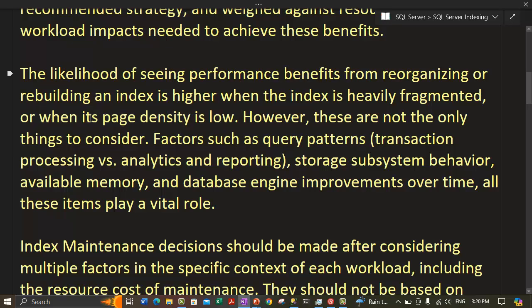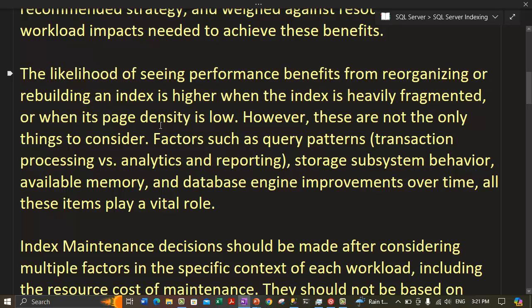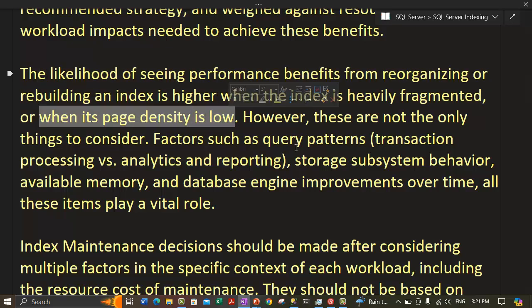Also, you can read about page density in my previous 3 or 4 videos, so please check them out before watching this video. Both fragmentation and page density were discussed in those videos. So we were saying that we can reap performance benefits in case our indexes are highly fragmented and the page density is low.